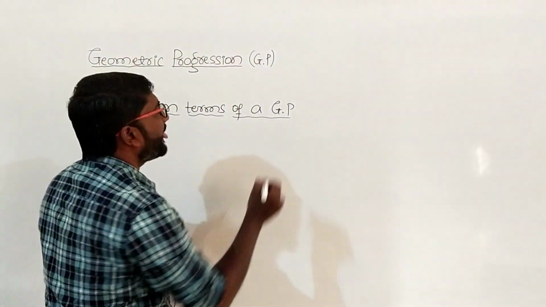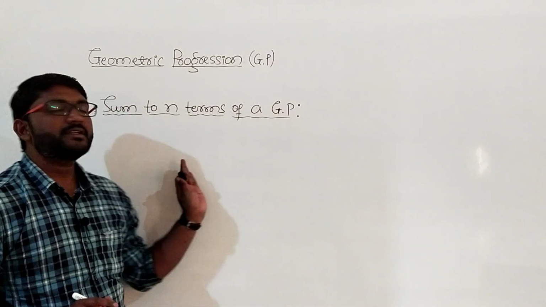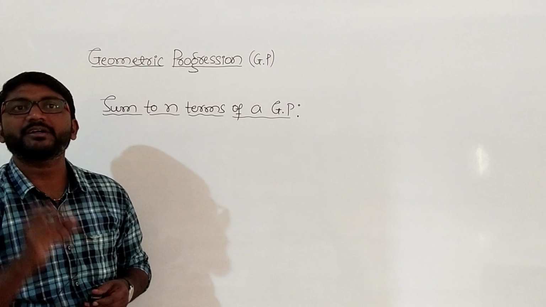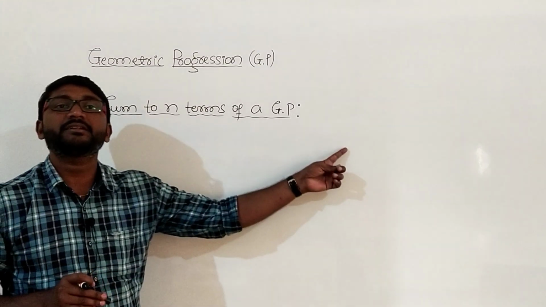We have two formulas for the sum of the first n terms of a GP, depending on the ratio, whether R is less than 1 or R is greater than 1.